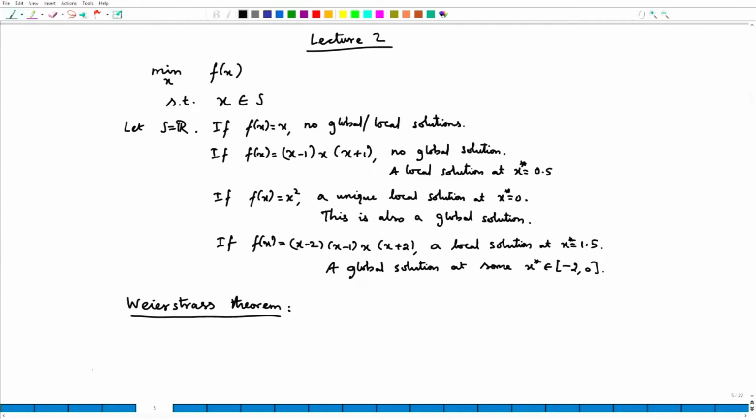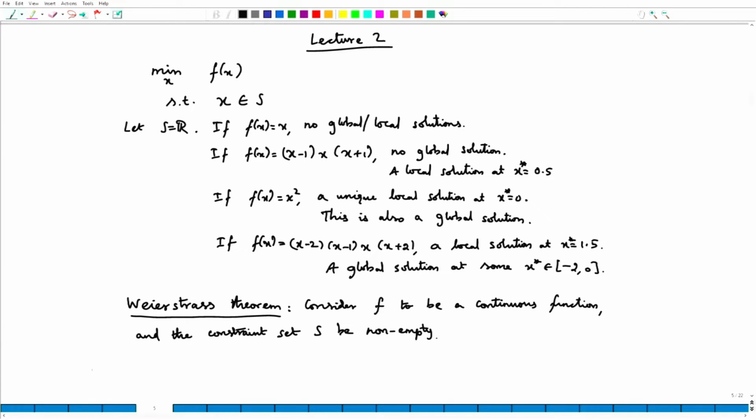It says: consider f to be a continuous function, so the objective function needs to be continuous, and the constraint set S be non-empty, closed and bounded.